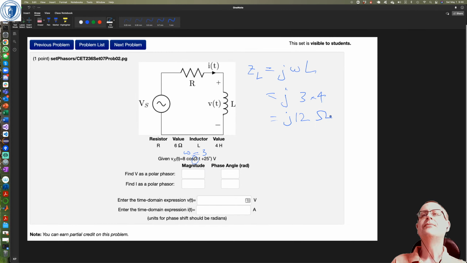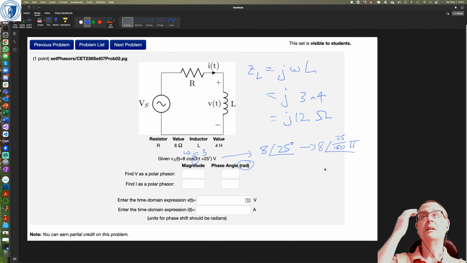And so the first part is find V as a polar phasor. So a polar phasor is 8 angle 25, but it's asking us for the angle in radians, right? So it's 8 angle, what's that, 25 on 180 times pi.